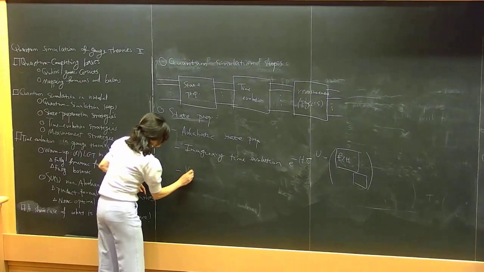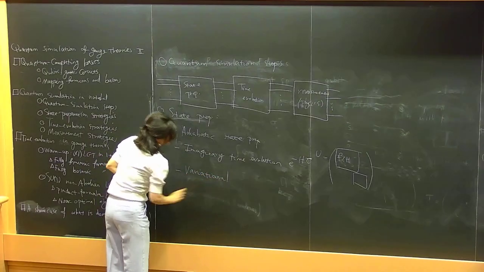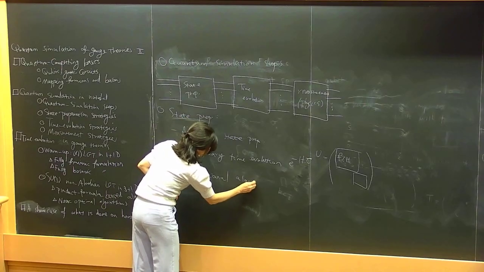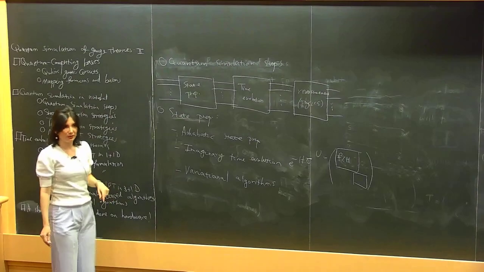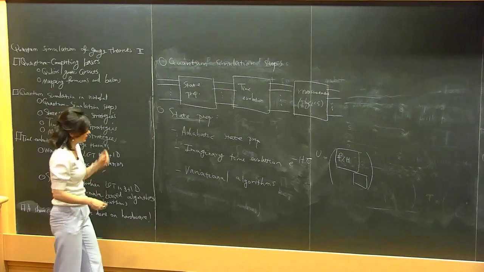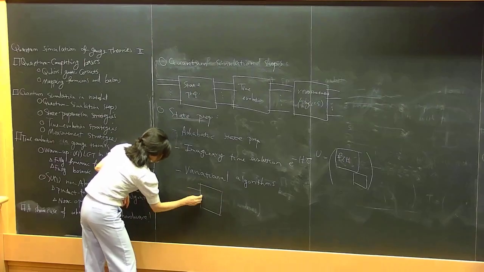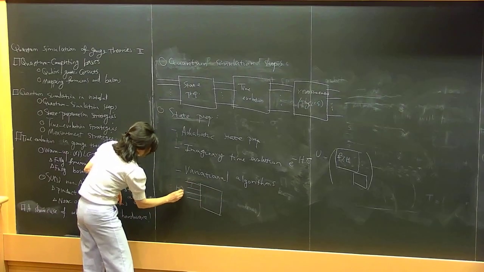We can do something called variational algorithms. This is not a completely quantum algorithm. It's a hybrid classical-quantum algorithm in the sense that you start with a simple state, ψ0.